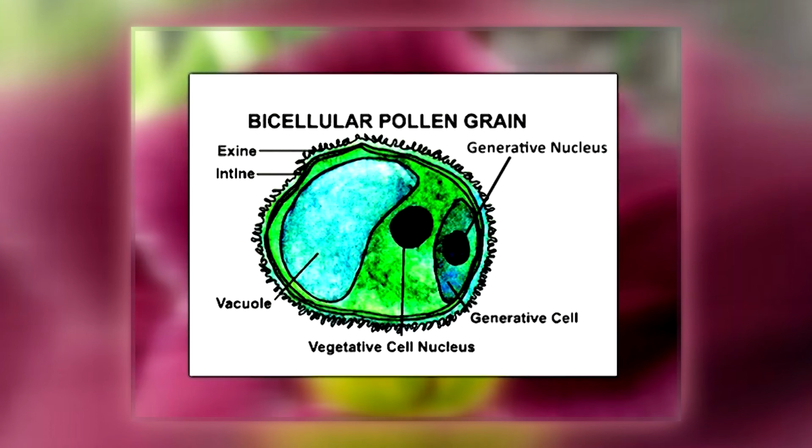A thin, delicate, curved wall is formed between the two nuclei, which cuts off the generative nucleus in a small lenticular cell against the wall of the grain. It becomes free from the pollen wall after a short time, and then this biconvex cell gets surrounded by the cytoplasm of the vegetative cell.